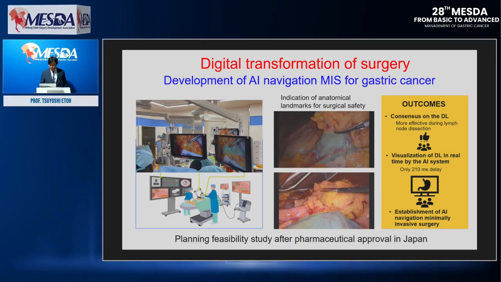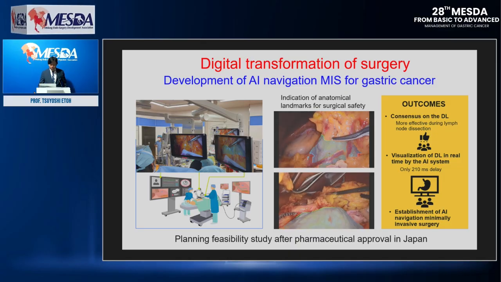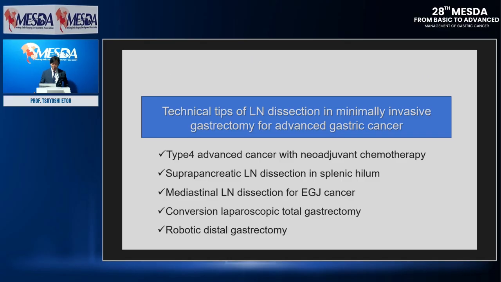We are now developing it. Okay, let's move to the technical tips in minimally invasive surgery. I prepared some short videos: type 4 gastric cancer, suprapancreatic lymph node dissection, the splenic hilum, and EGJ cancer, conversion surgery and robotic surgery. Very short videos.